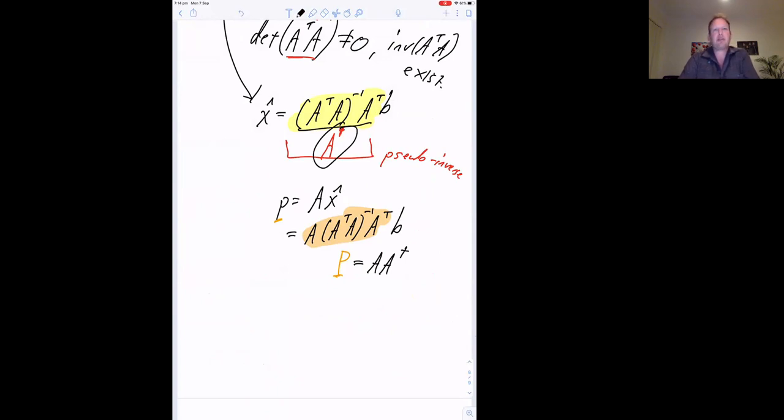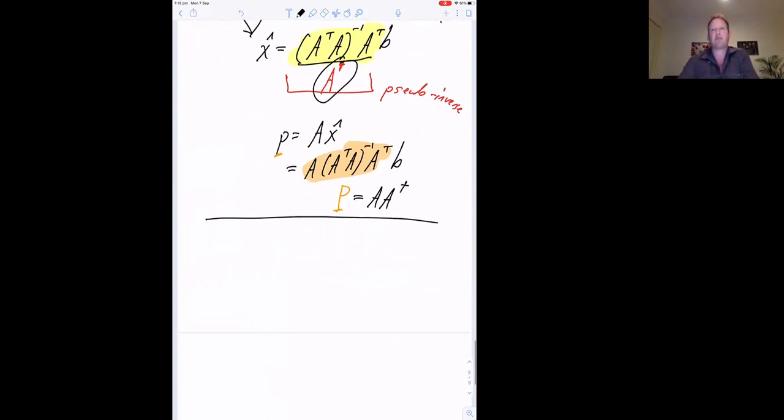Let's look at some properties of the projection matrix P because they're fun.